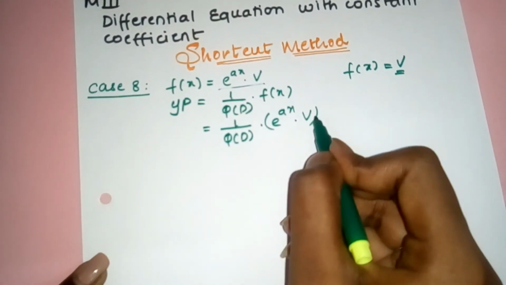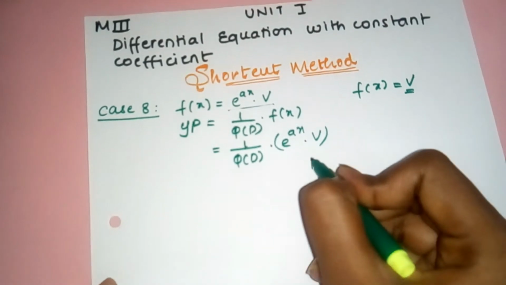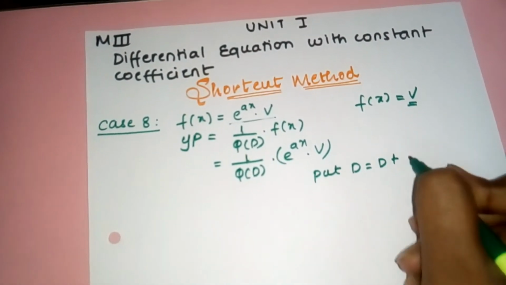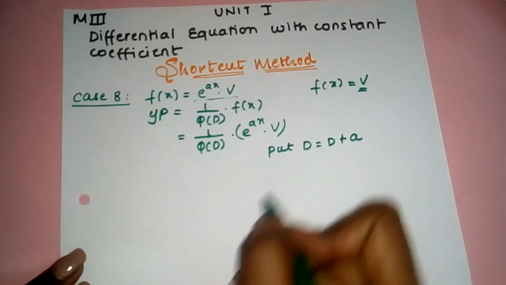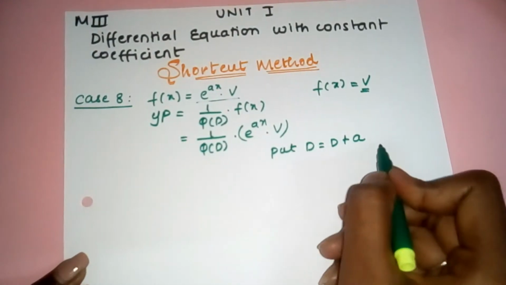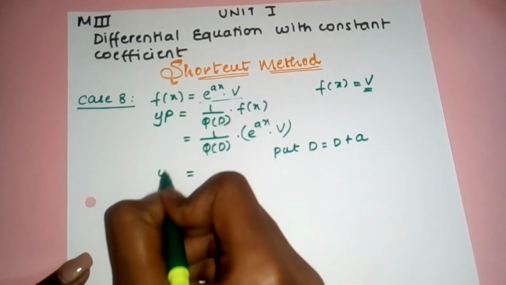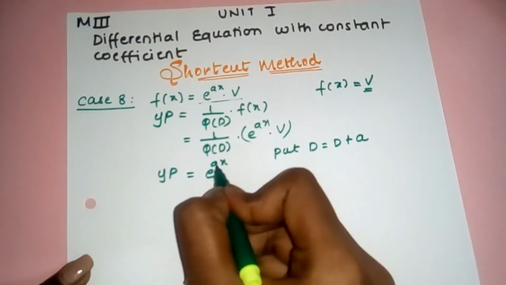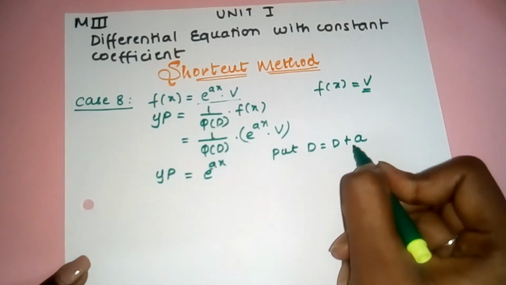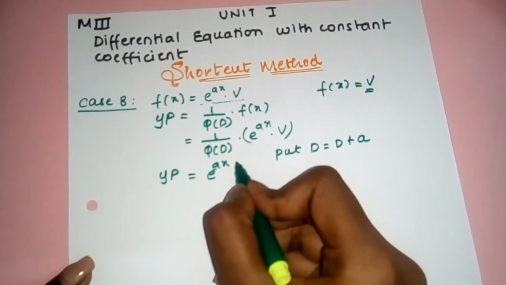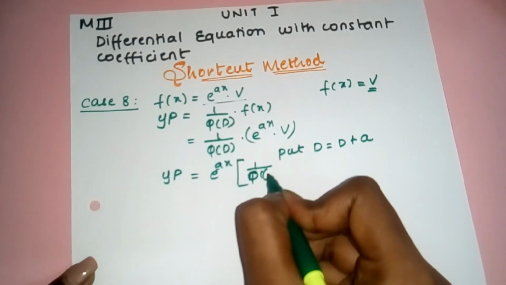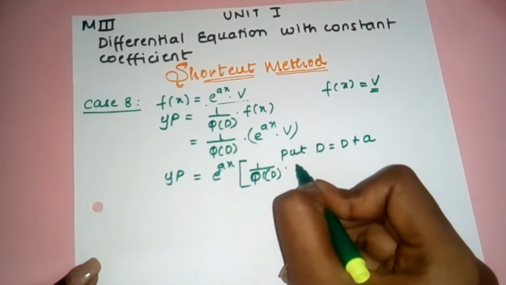After we write it like this, in this case we have to put d is equal to d plus a. If you put d is equal to d plus a, then e raised to ax will be taken outside. This a, we have to write d plus a. Then we write it as 1 upon phi of d into v.